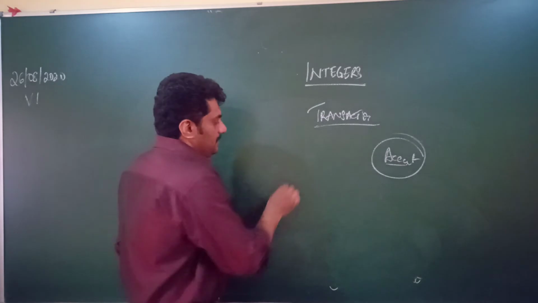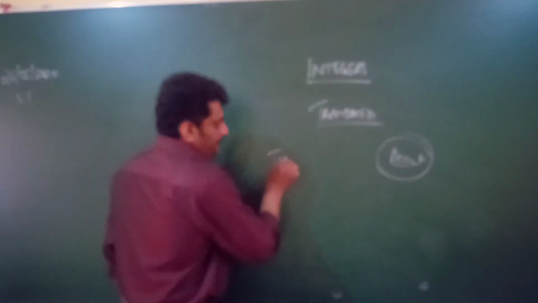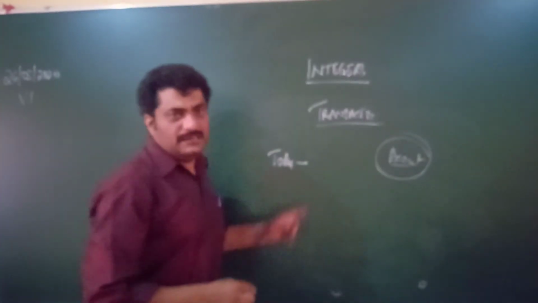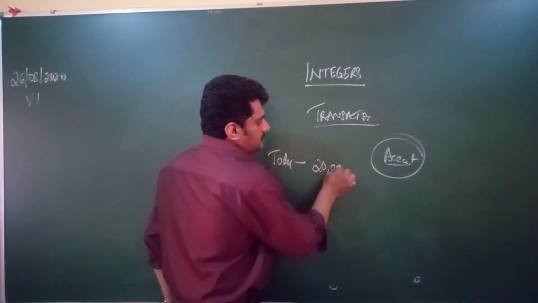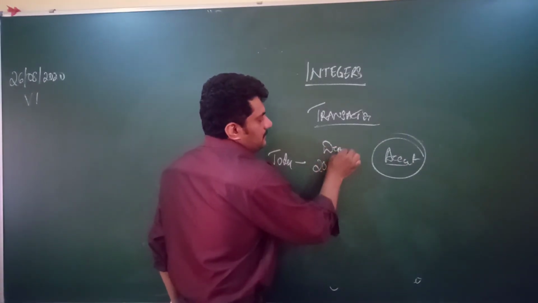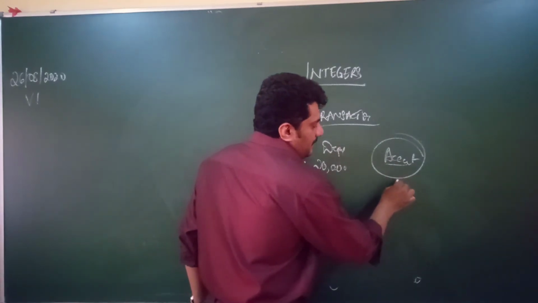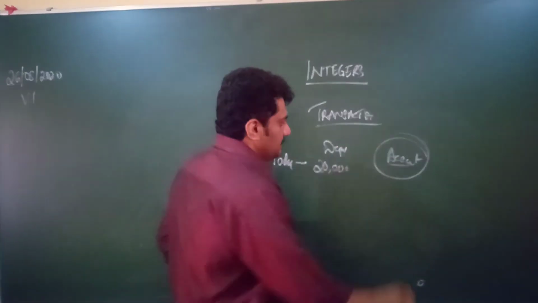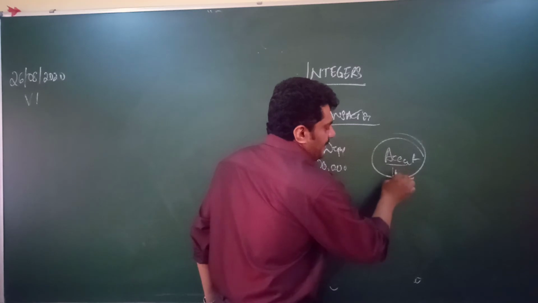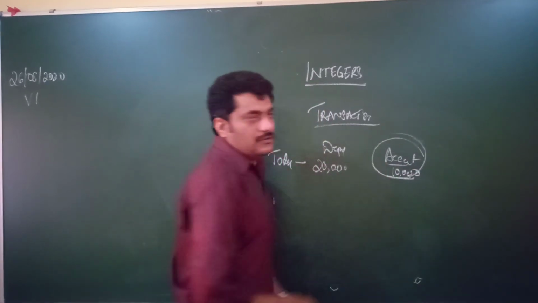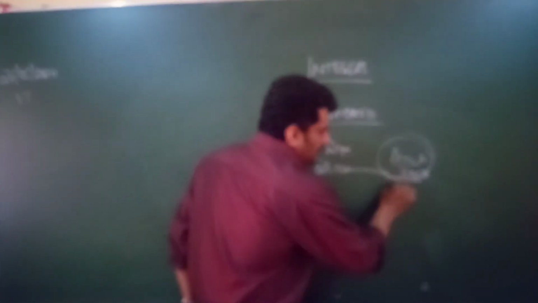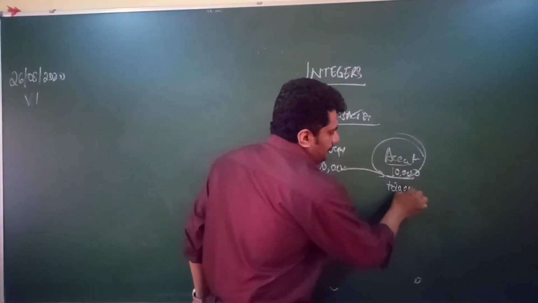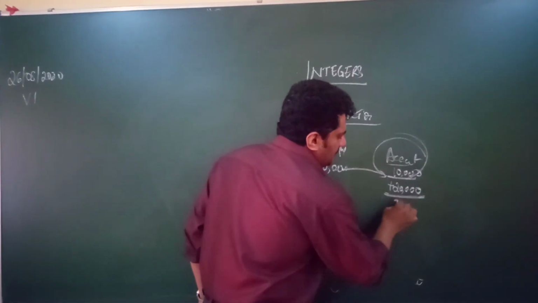Today, you deposit 20,000. You already have 10,000, and you are putting this here. What happens? It will add, and it will become 30,000.